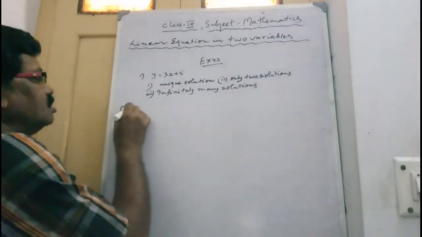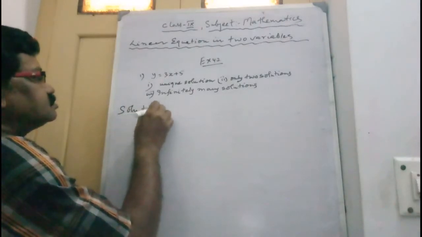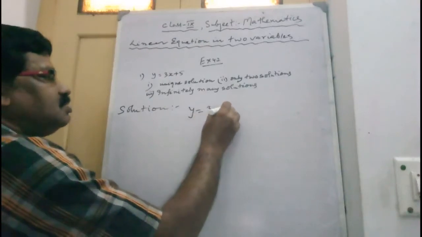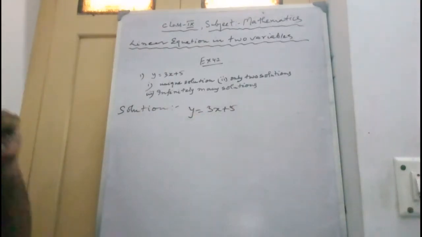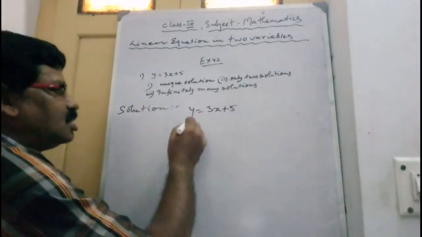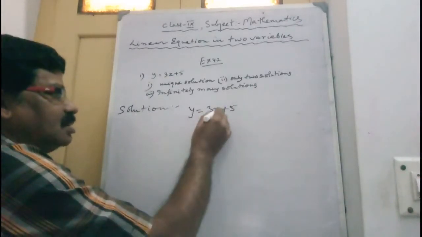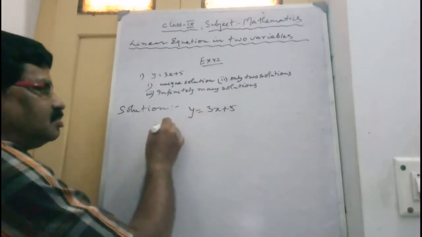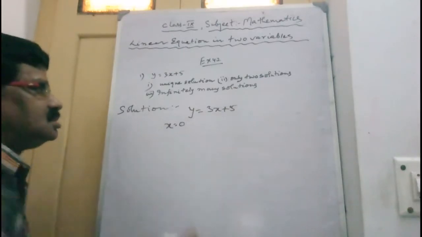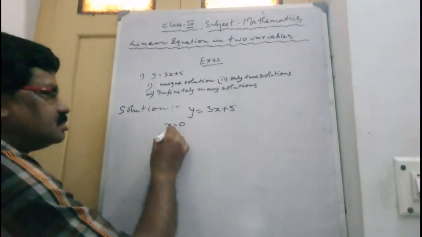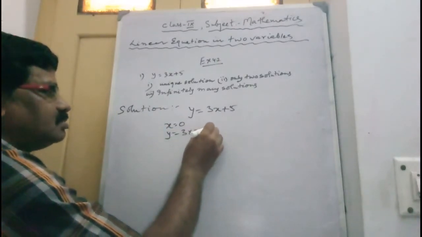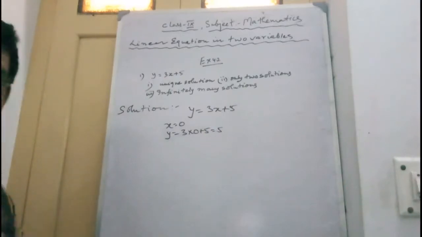So see solution. y equal to 3x plus 5. Here whatever value of x you take, you get a value of y. Suppose you take x equal to 0, then y is 3 into 0 plus 5, that is equal to 5.